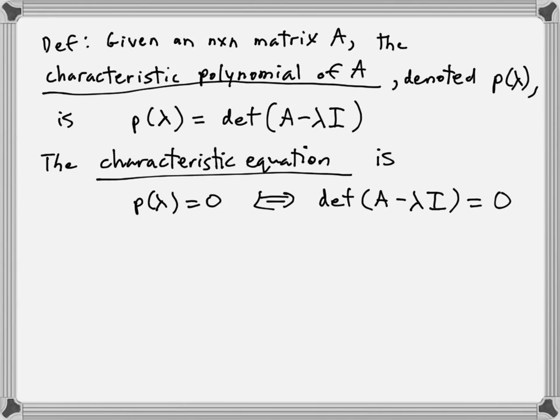Now you'll notice that this is a 0 constant, not a 0 vector. I failed to say that before. This is an important distinction, right? The determinant of A minus lambda I, remember, is a real number, but with lambda in there, it actually becomes a polynomial. And so what you're doing is you're setting this polynomial equal to 0, and that is exactly when you're going to have infinitely many solutions to the system.